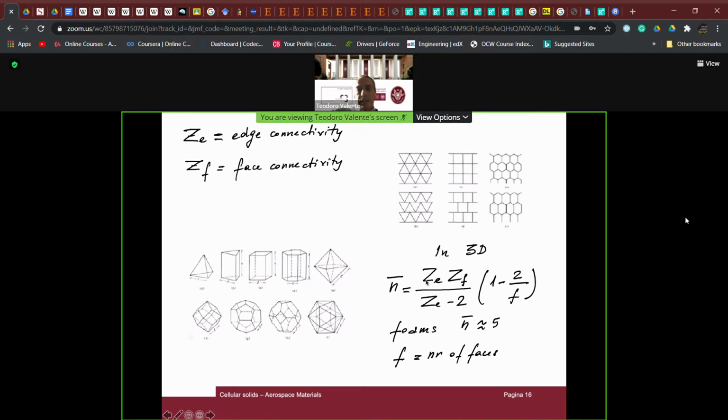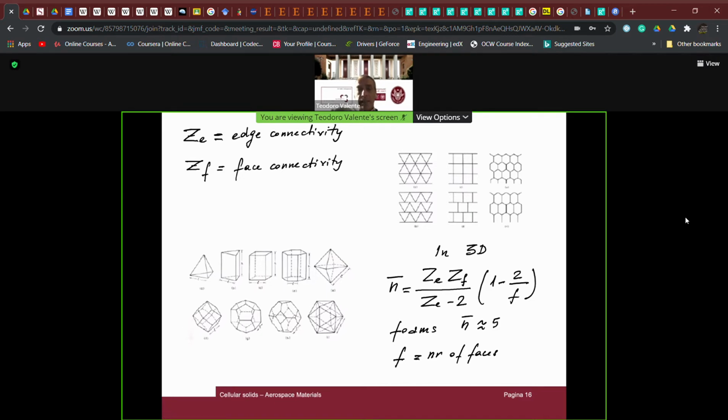That is the value of ZE multiplied by ZF divided by ZE minus 2, all multiplied by 1 minus 2 divided by F, where F represents the number of phases, which obviously depends on the basic cell geometry.